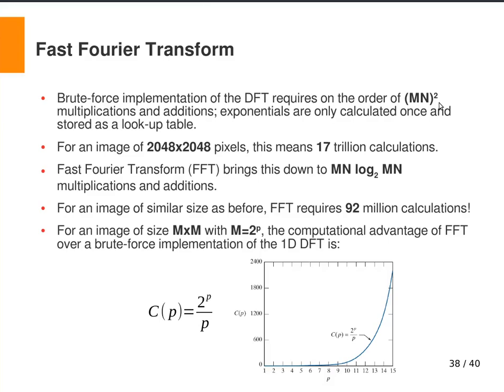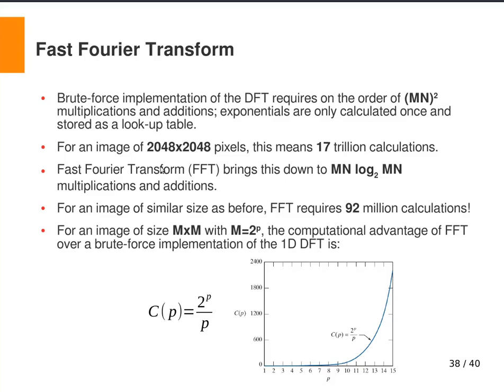So let's just see what it means for a regular sized image. If we have an image of 2048 by 2048, doing a brute force implementation requires 17 trillion calculations, which is a very huge number. The invention of the fast Fourier transform reduced the amount of calculations by several orders of magnitude. For the fast Fourier transform, the amount of calculations is reduced to mn log₂(mn) multiplications and additions.